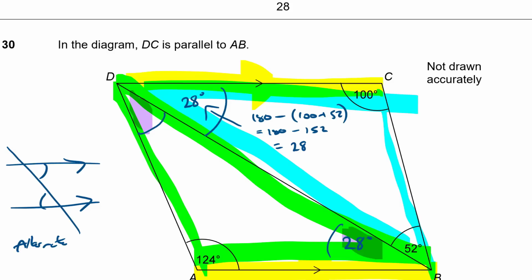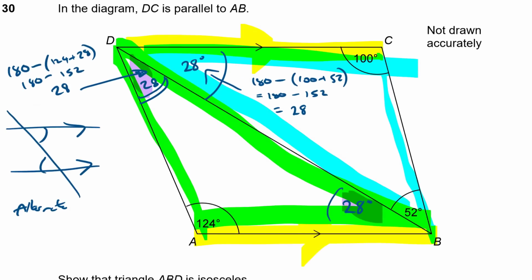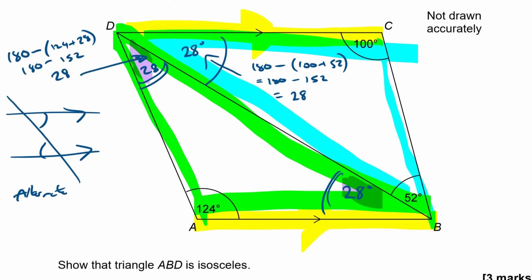So then this angle up here, again, is going to be 180 subtract the other 2. So 180 subtract 124 plus 28. So 124 plus 28 is what? 124, 144, 152, isn't it? 180 minus 152. Oh, look, that's equal to 28 as well. Okay, so we've shown then that both angles are 28 and therefore it is isosceles.